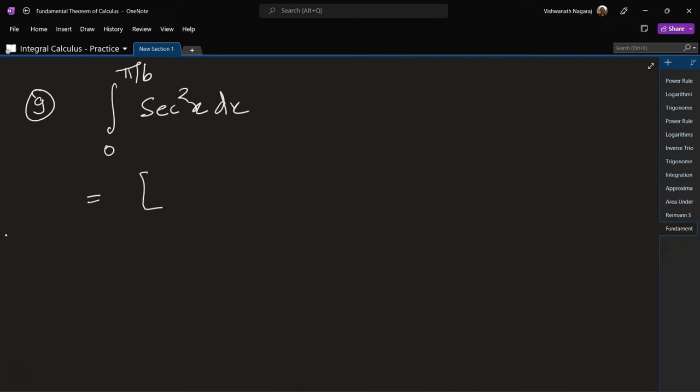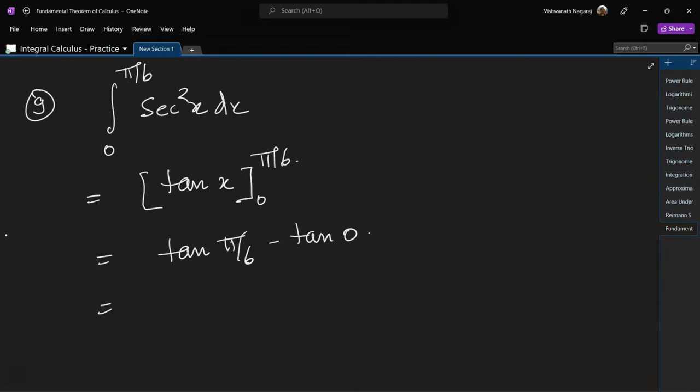Now, we know the integral of sec square x is tan x from 0 to pi by 6. So tan pi by 6 minus tan 0, which is equal to, if you don't remember the value, just make it as sine pi by 6 by cos pi by 6 minus tan 0 is 0.